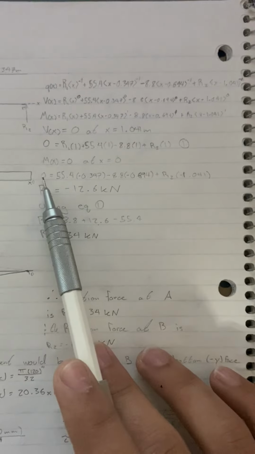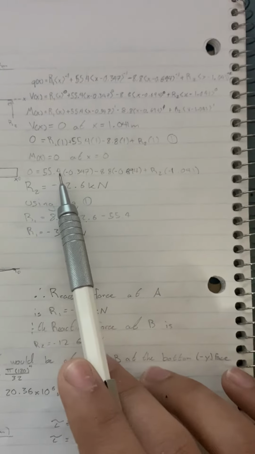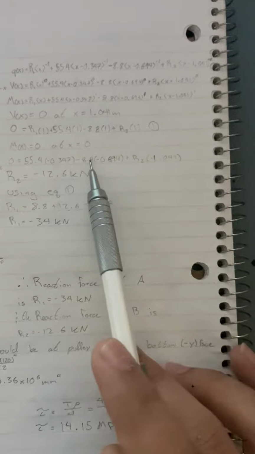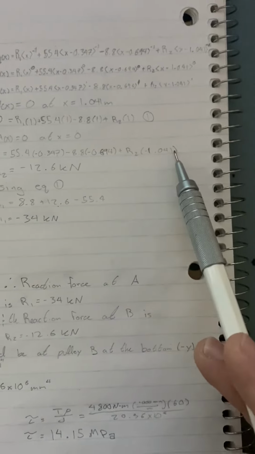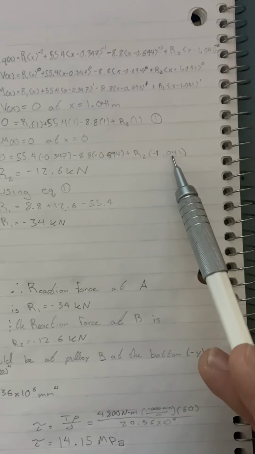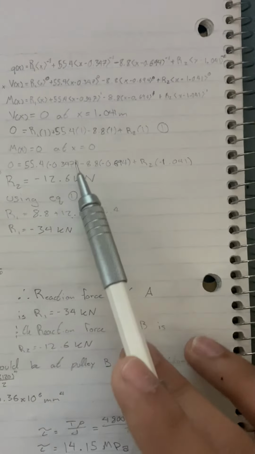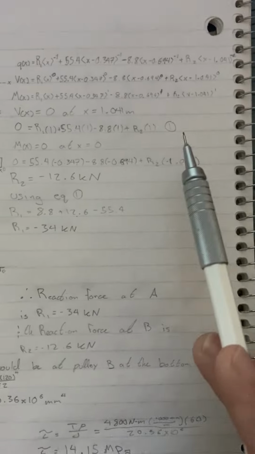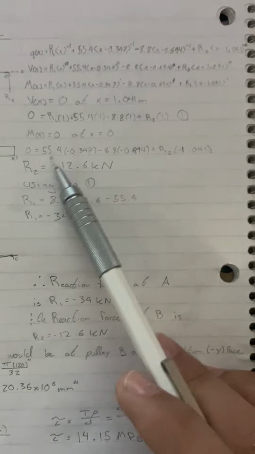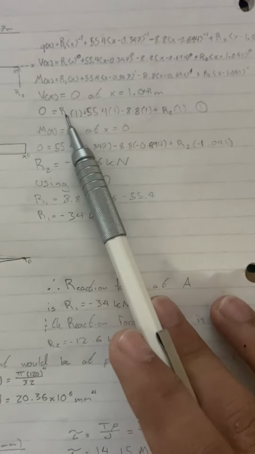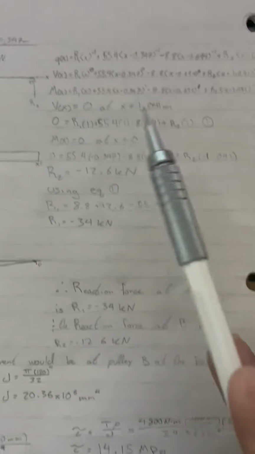So then I plug that in: 0 is equal to 55.4 times the distance minus 8.8 times the distance plus R2 times its distance as well. Since x is 0, everything is just the distance from the origin, and the first reaction force drops out since it is R1 times x, which is just 0.